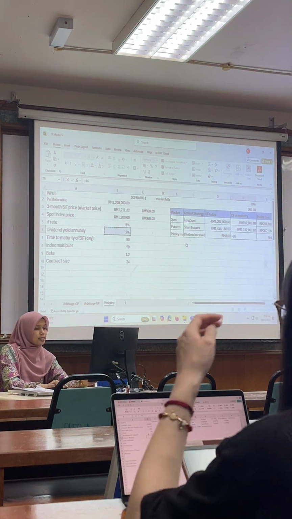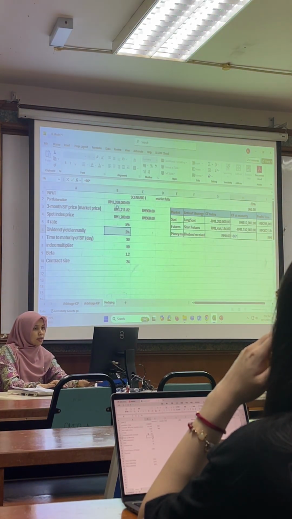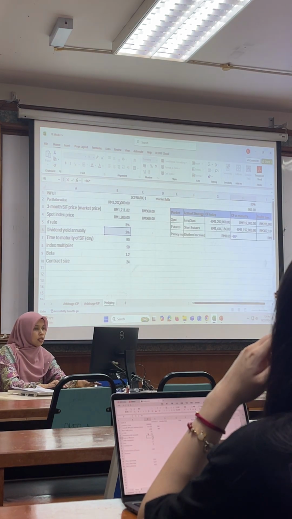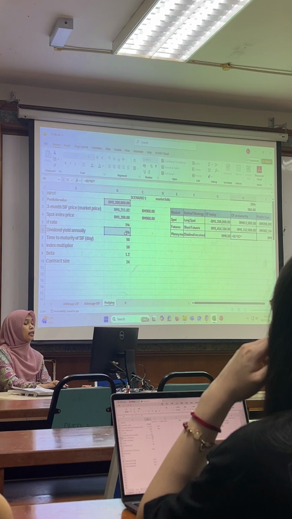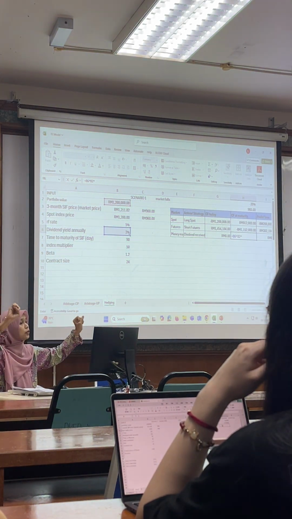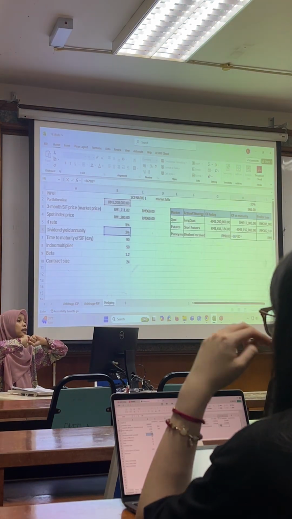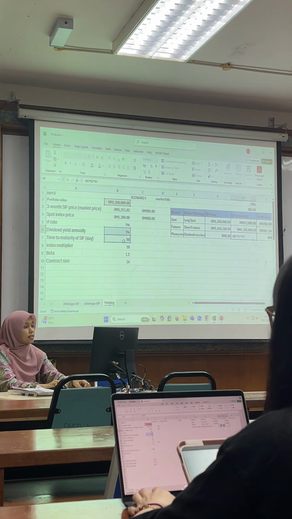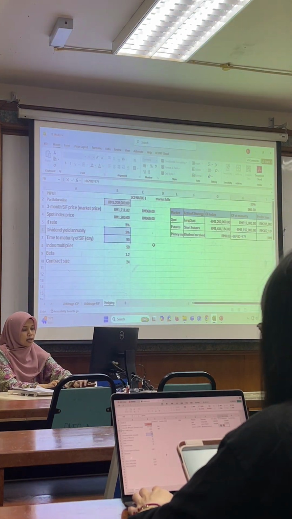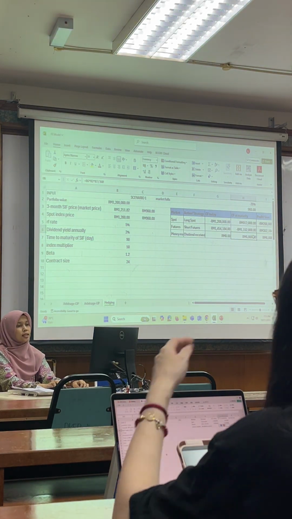That is 2% from the portfolio we have here, right? And remember this is on a yearly basis. If you hold for the whole year, then you can get 2%. But now you are only holding for 3 months, right? So that's why you need to adjust this one by 3 over 12, right? And you get this.